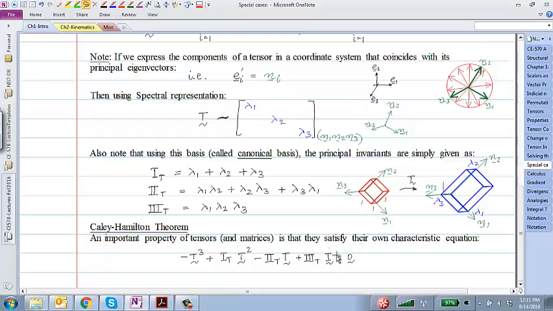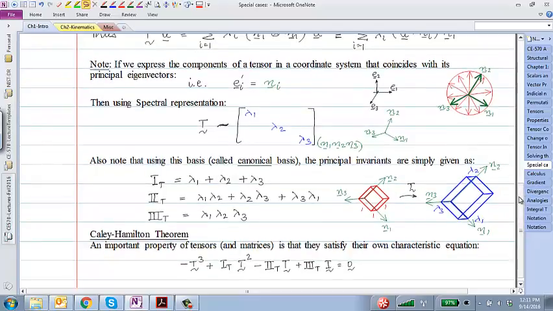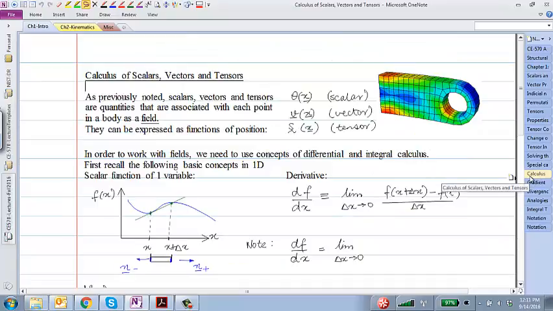It has to be a tensor, and the right hand side also has to be a 0 tensor. So if you compare this to the characteristic equation, I've tried to stay consistent with having tensors on both sides. And yes, the interesting thing is that a tensor satisfies its own characteristic equation. And this can be proved, and it comes in handy in a lot of other proofs also. Something interesting to just note and keep in mind. So I'm not giving you a proof and all that. I'm sure you can look up other sources if you want to explore that.